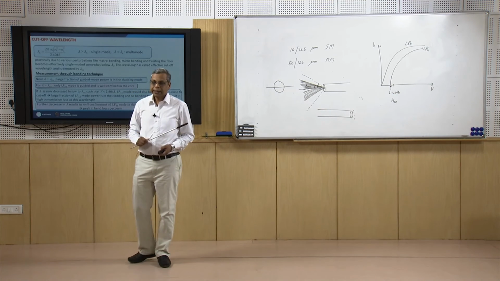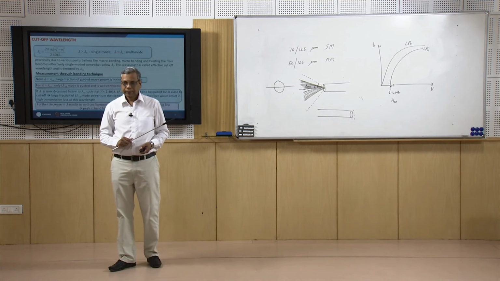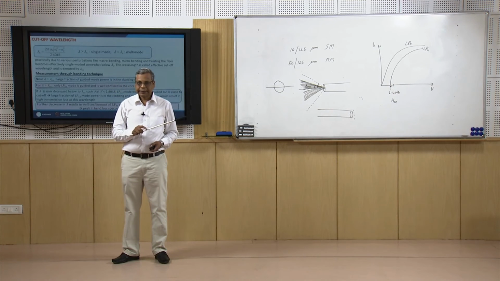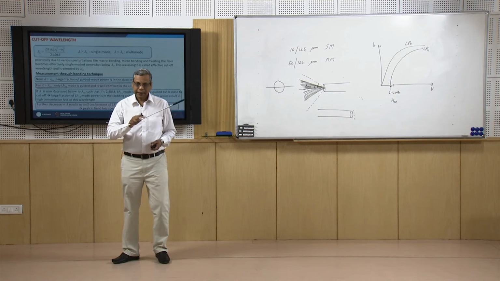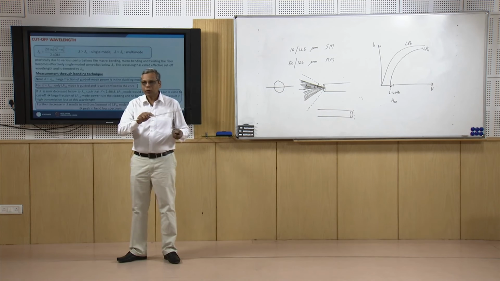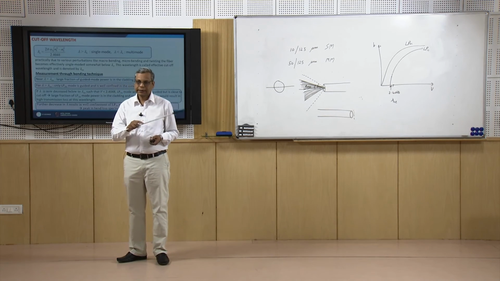So, what I expect is that if I start decreasing the wavelength, then at longer wavelengths, because most of the power in all the modes is in the core, it is less susceptible to bending. So, I will have low bend loss.